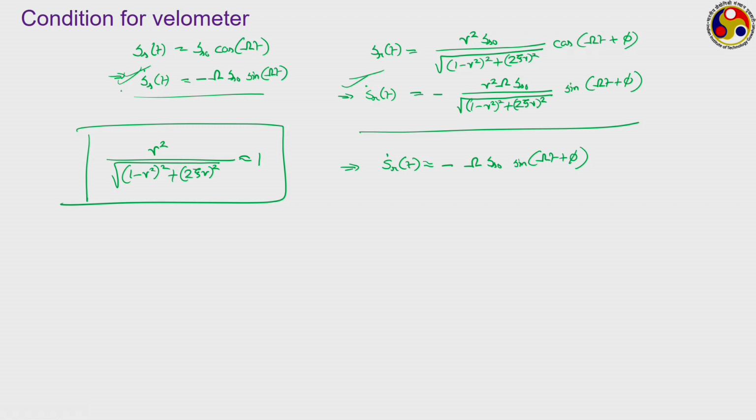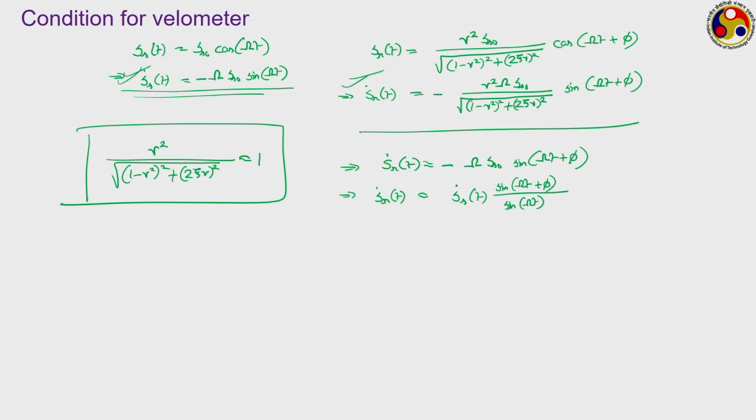If you compare with this particular form, then we can say this resultant velocity will be equal to the imposed velocity with a phase, sin omega t, that is the resultant velocity.